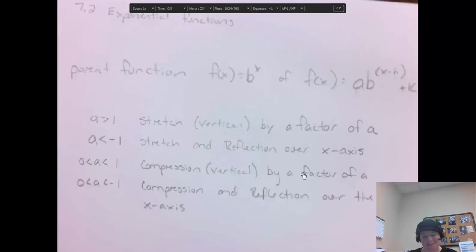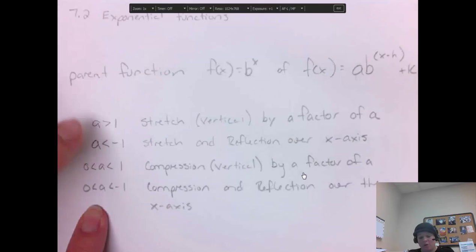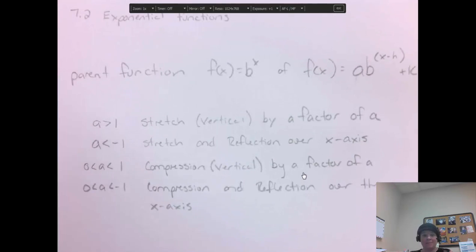So if it's negative, it has that reflection, no matter if it's a fraction or a whole number. Remember, big numbers, bigger than 1, make a stretch, and a number that's a fraction or a decimal, smaller than 1, whether negative or positive, is going to do the compression. So that's smush and stretch on our graphs.